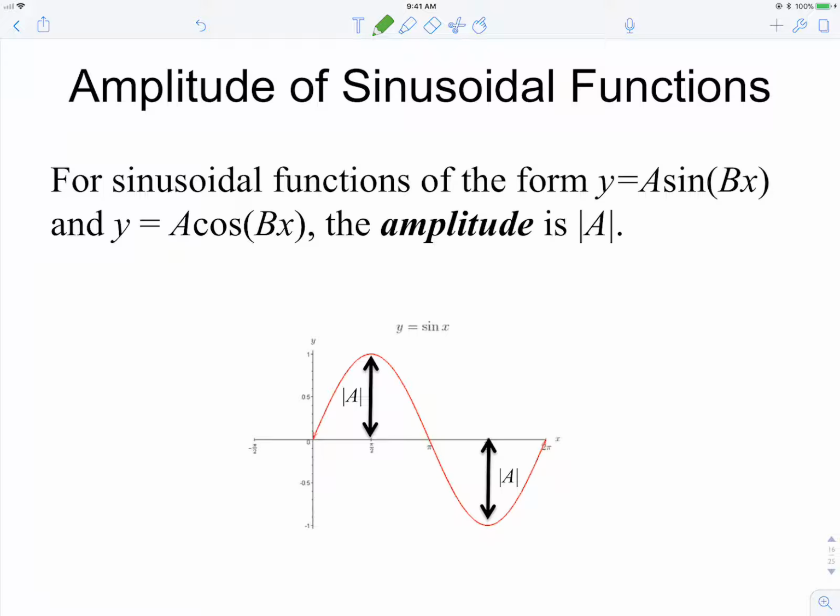Okay, so the height of the waves we refer to as the amplitude of the sine function or the cosine function.